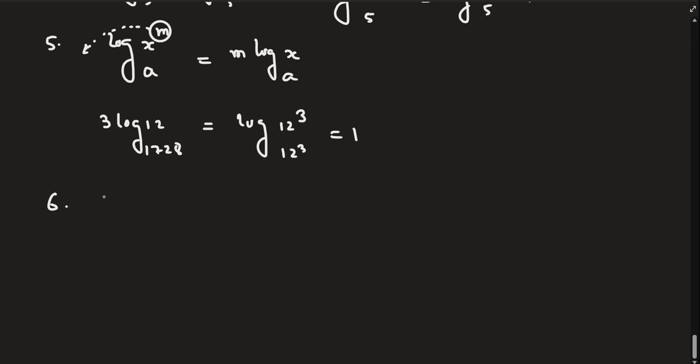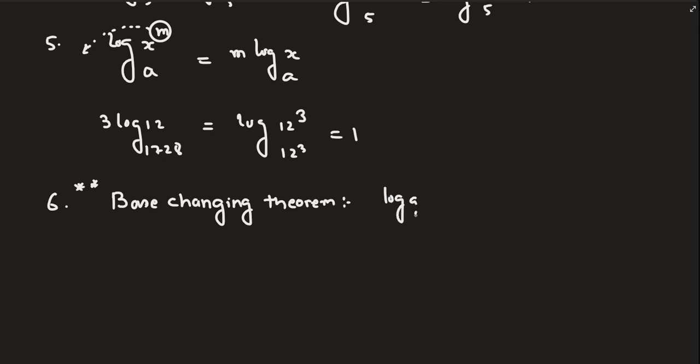Coming to property 6, this is one of the very important properties, that is known as the base changing theorem. Log a base b is the same as log of a base c divided by log of b base c.